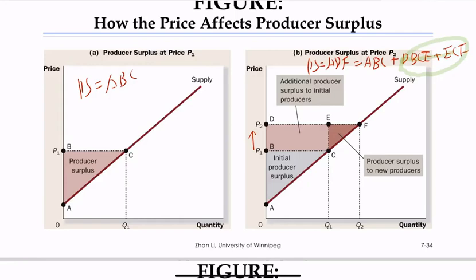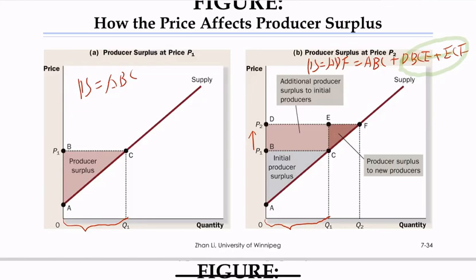And we have different explanations for the rectangle DBCE and for the triangle ECF. For the rectangle DBCE, it's the additional producer surplus to initial producers because of the higher price. For the triangle ECF, it's the producer surplus to new producers. So the argument should be familiar to you guys. If you look at this left-hand side, we have quantity Q1. And still, we're looking at this quantity Q1. Here we could see that these same sellers are still selling in the market.